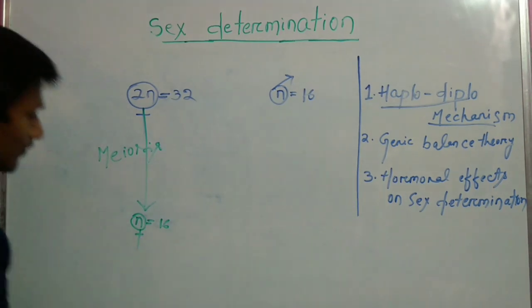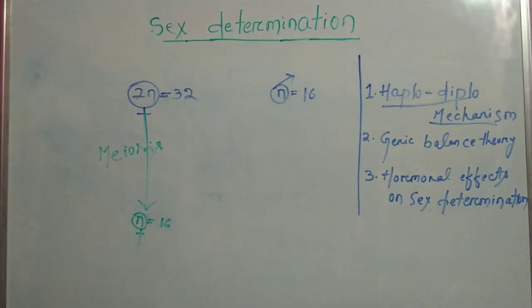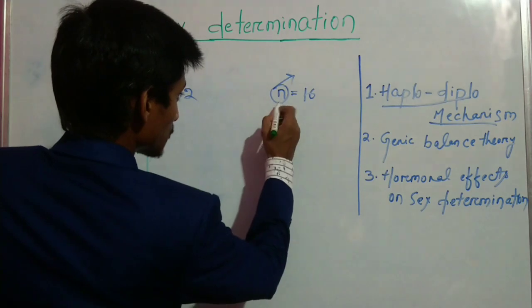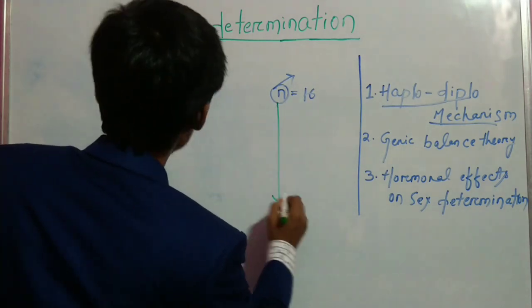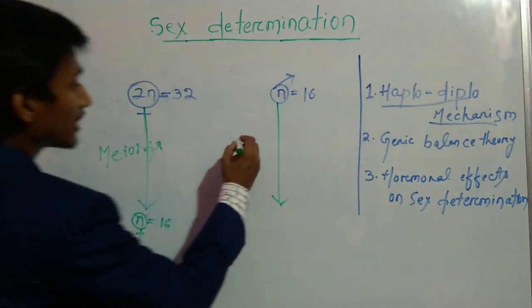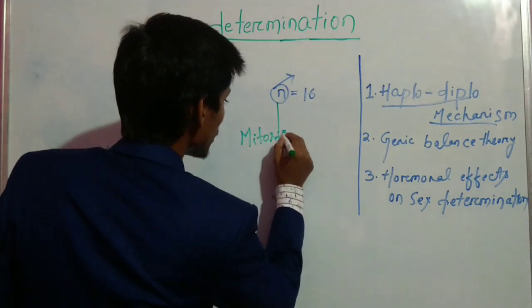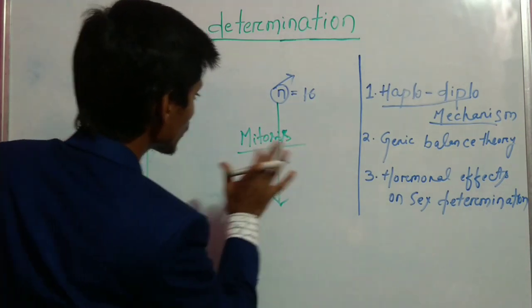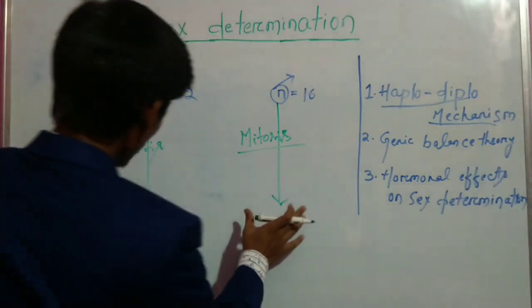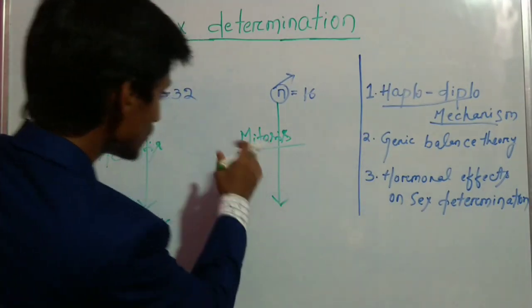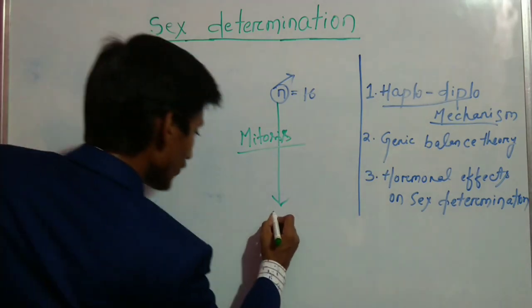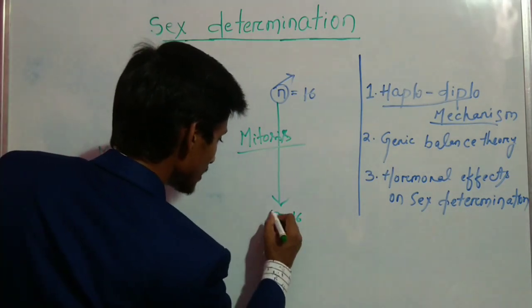This is the ovum, and the sperm will not go through meiosis, but instead it will go through mitosis. This is an important thing to notice. The sperm does not undergo meiosis, it undergoes mitosis, and the number of chromosomes remains constant, that is 16.